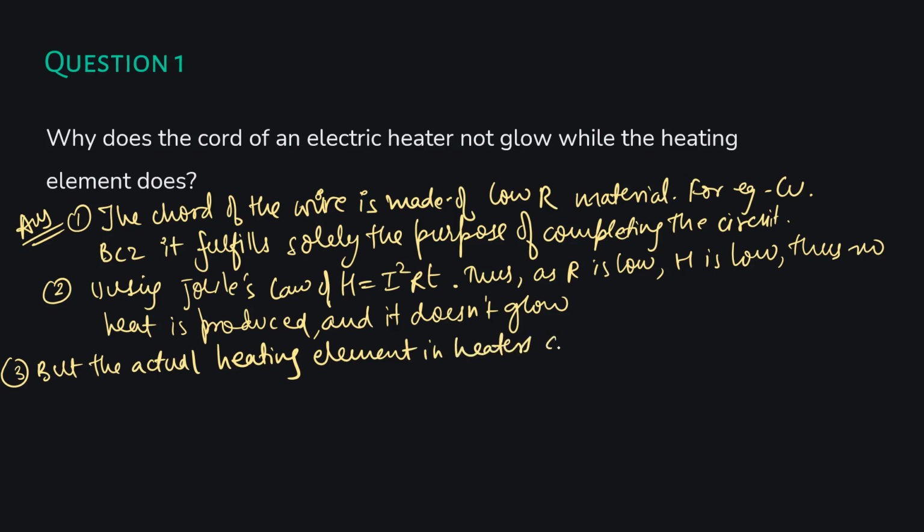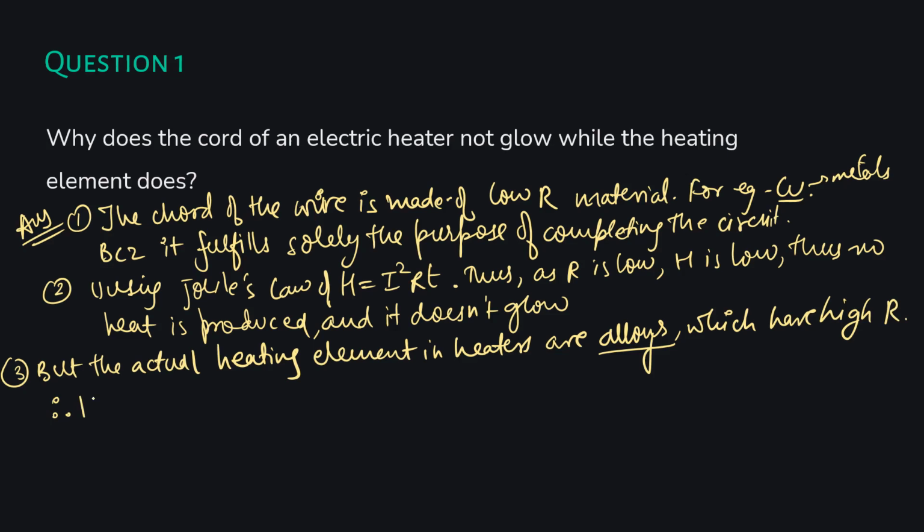Okay, so this much we've gotten clear, because this is the element that gets heated up, so heat is produced and the heater works. Now, when the element or alloy gets to a very high temperature, it actually starts to glow.